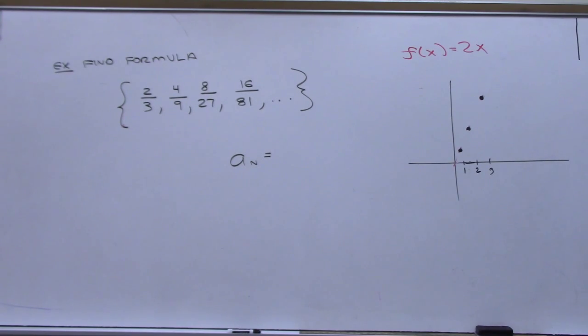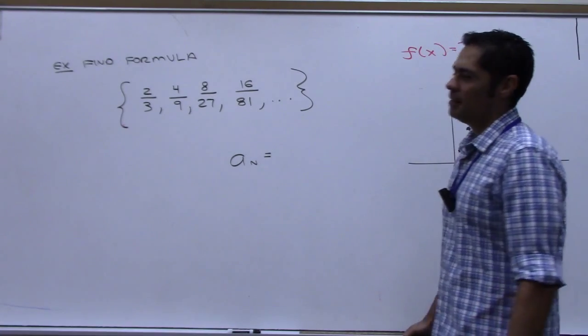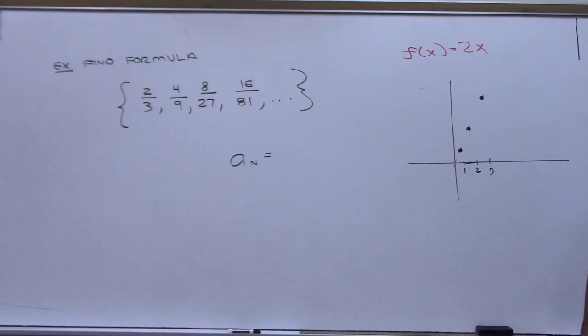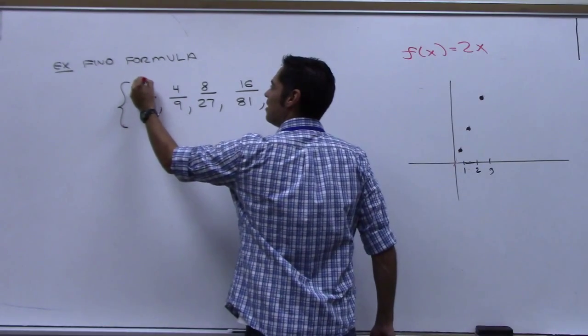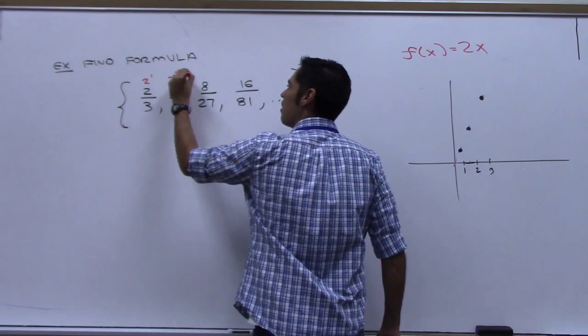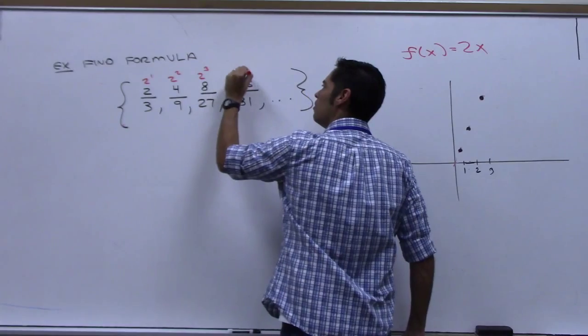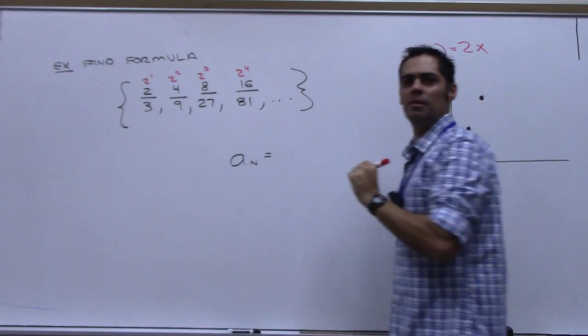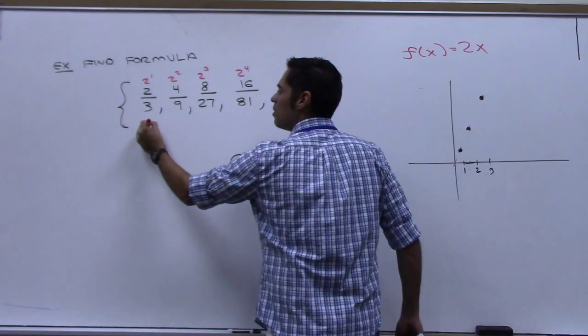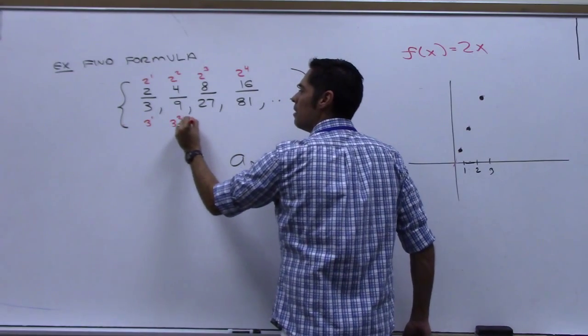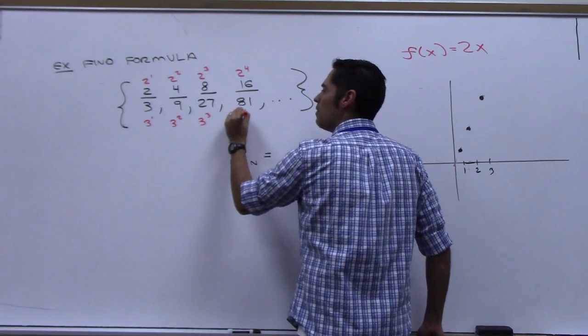It's n squared. Wait, yeah, because 1 squared is 1, not 2. I don't know. I thought I saw it. You've got just 2 minutes. 2 to the first, 2 squared, 2 cubed, 2 to the fourth. The bottom, 3 to the first, 3 squared, 3 cubed, 3 to the fourth, right?